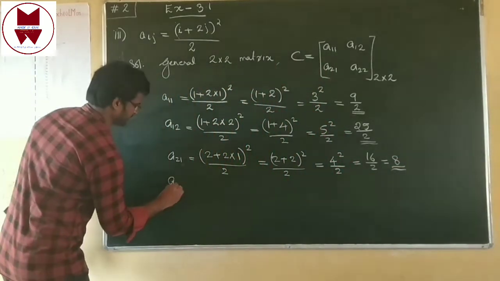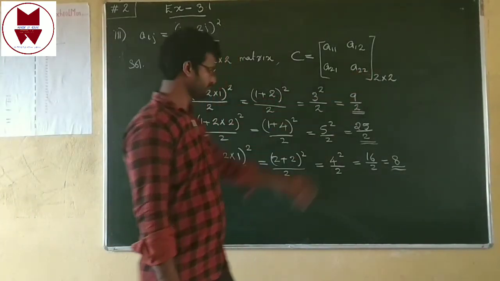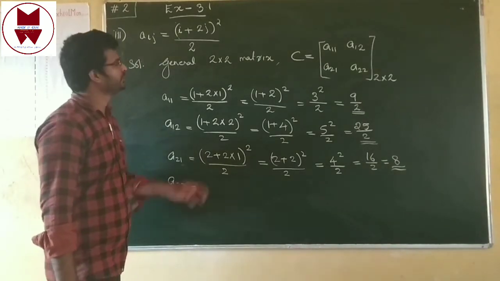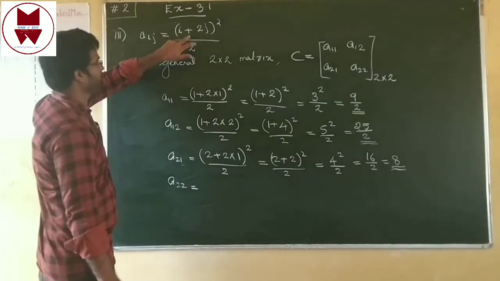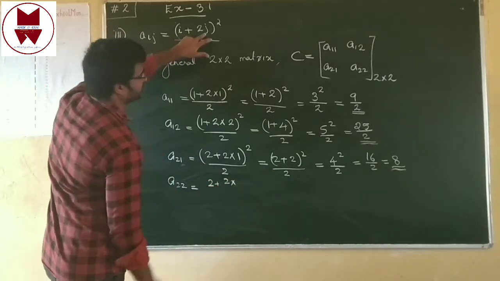The next element A22. Here I is 2, J also 2. Given in this formula, I means 2 plus 2 into J. What is J?